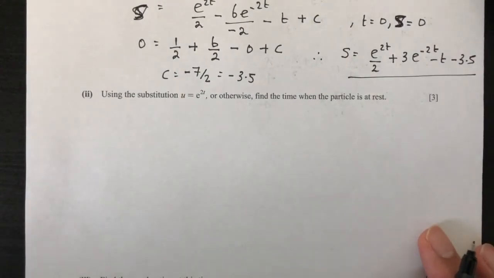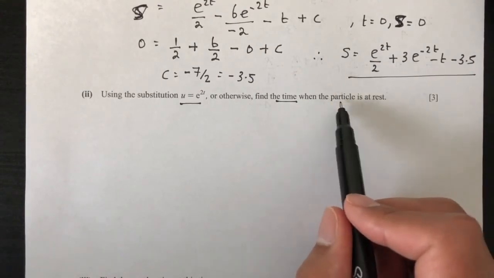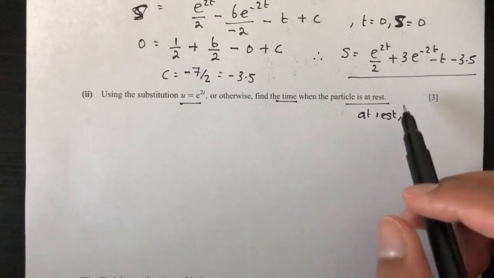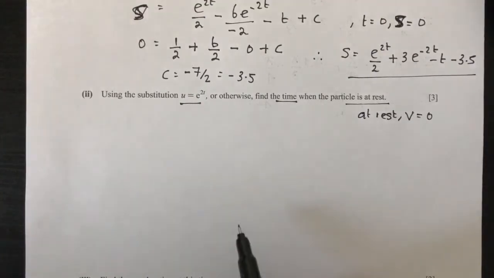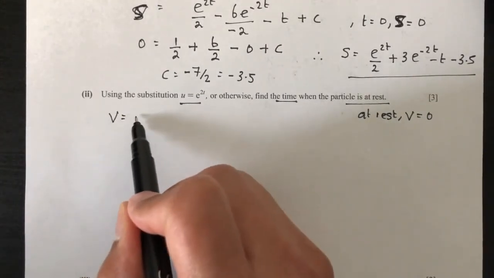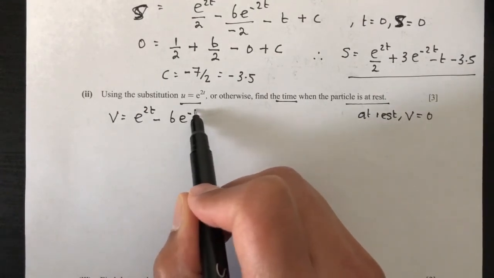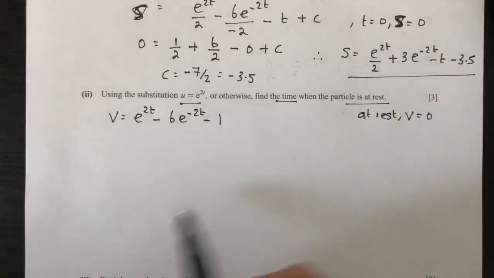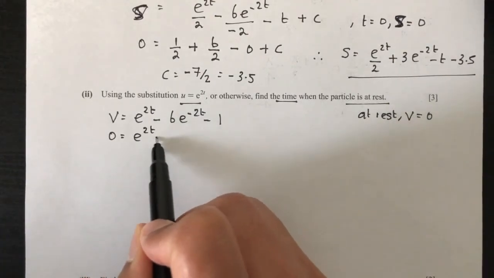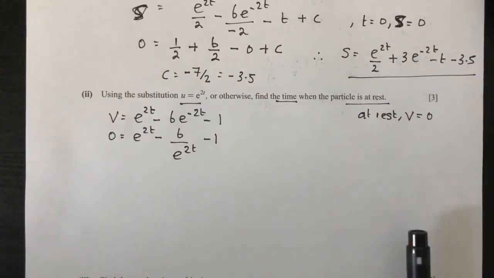Now for part 2, using this substitution, find the time when the particle is at rest. So at rest, we know that v is equal to 0. So first we have v is equal to e^2t minus 6e^(-2t) minus 1. Now at rest v equal to 0, that will be e^2t minus 6 over e^2t minus 1.